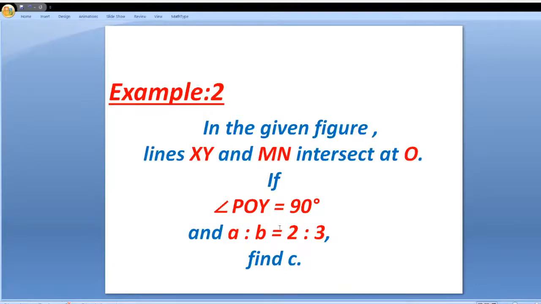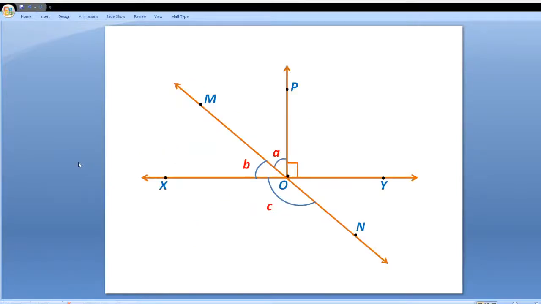XY and MN, both lines, intersect at the point O. If POY is equal to 90 degrees, and the ratio of A and B is 2/3, find C. See this figure. Draw the figure in your notebook.